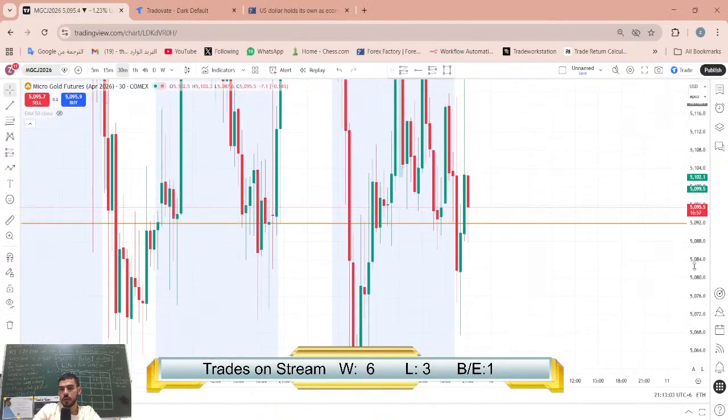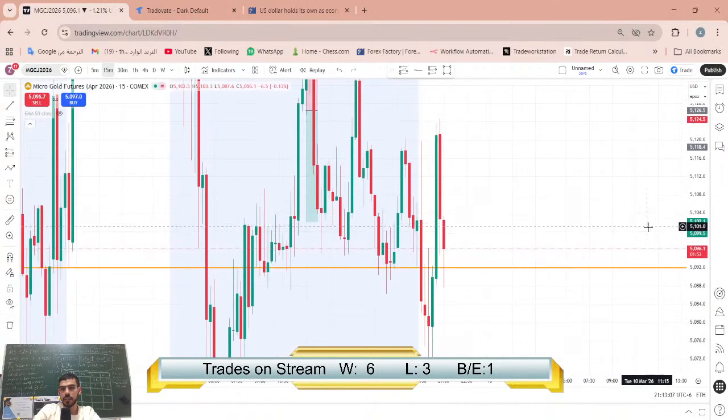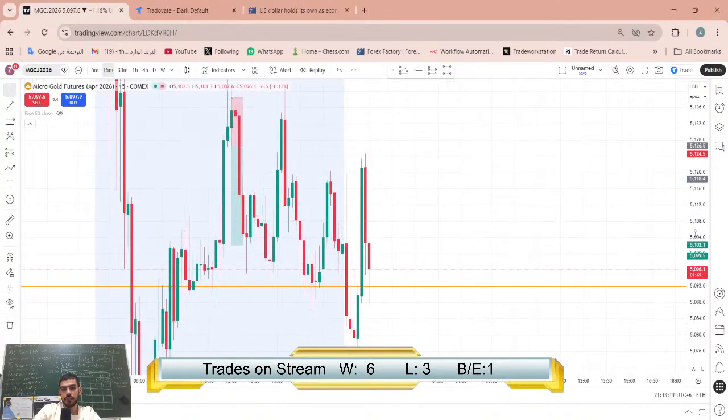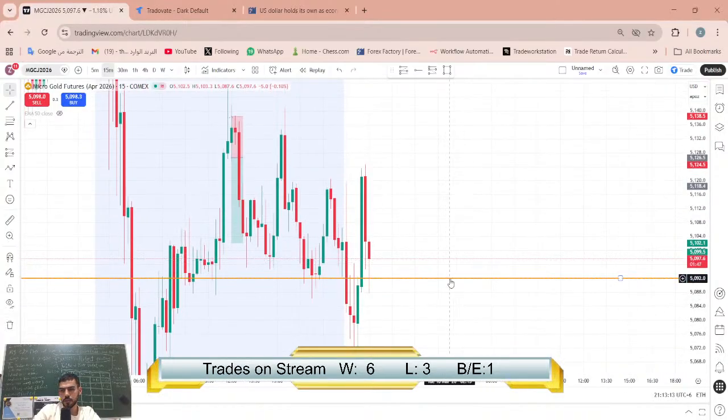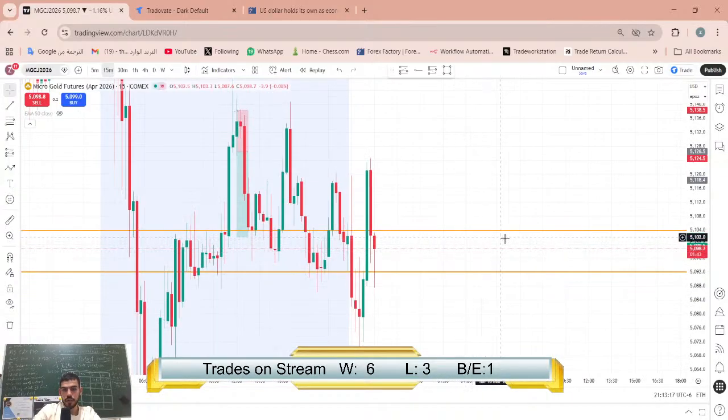Oh wow, look at this. Can it create a support? I also prefer if it could create a support from this area, we can anticipate buys.